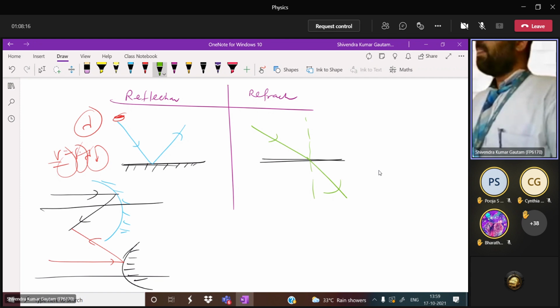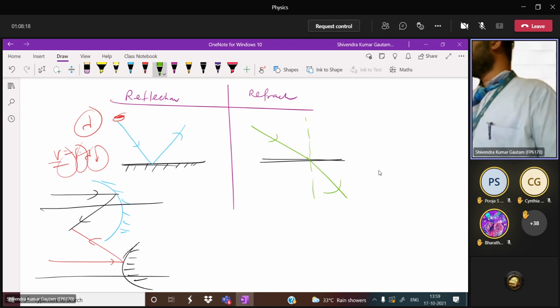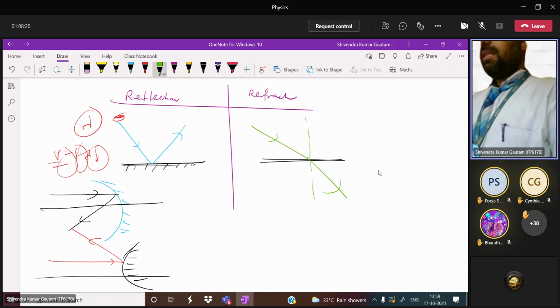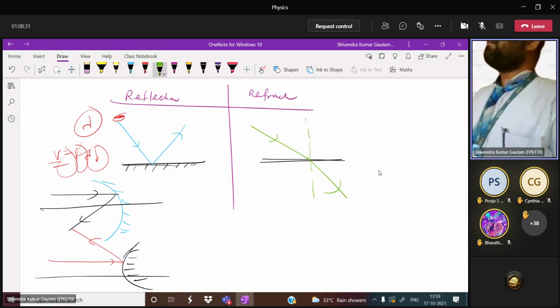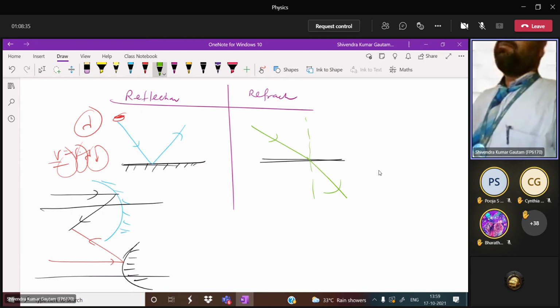What changes here? The medium. When the medium changes, what changes? Lambda changes, right? And what is constant in this? Frequency is constant. So if they ask in refraction which parameter is constant: frequency. In reflection, which parameters are constant? All three: speed, frequency and wavelength.